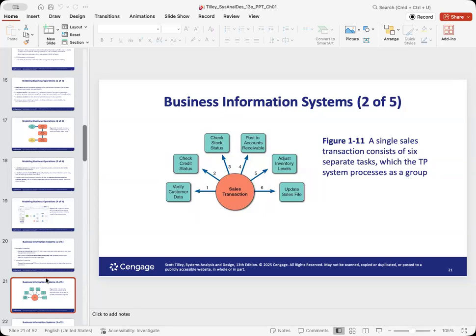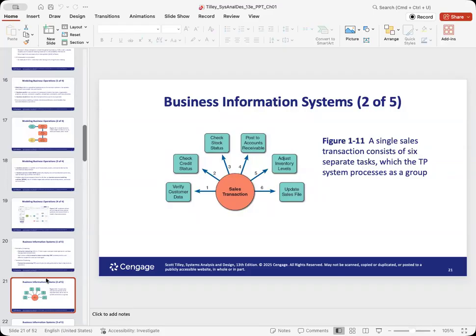Number 1, it verifies the customer data. Number 2, it checks the credit status of the customer, and then also checks the stock status. So after checking whether the person is credit worthy, the system will also check if there is stock available. If there is stock available, it puts to account for the computations.